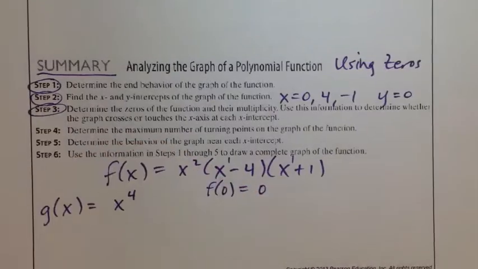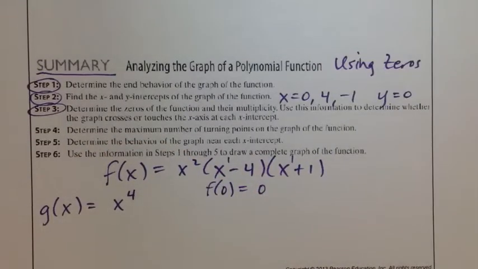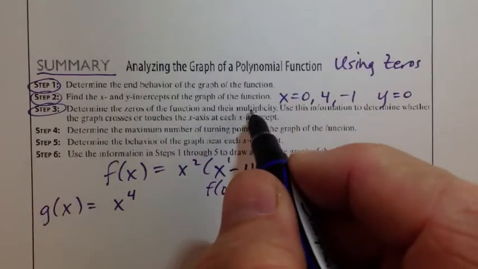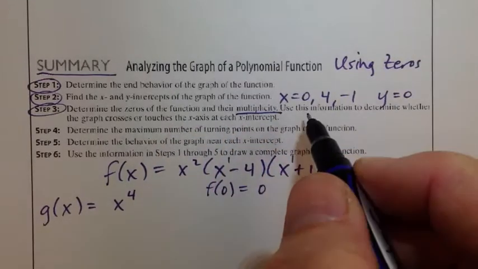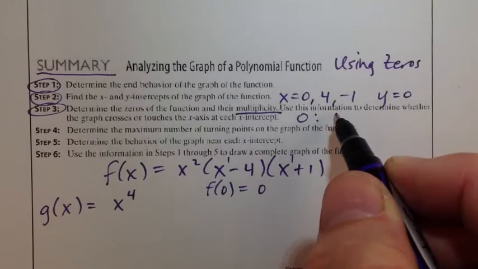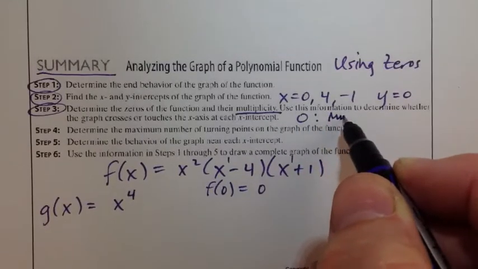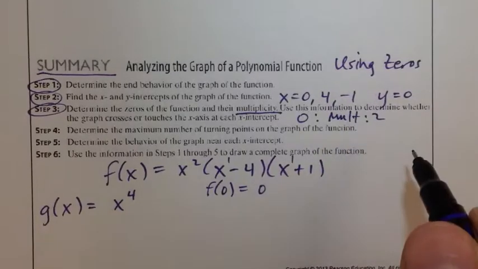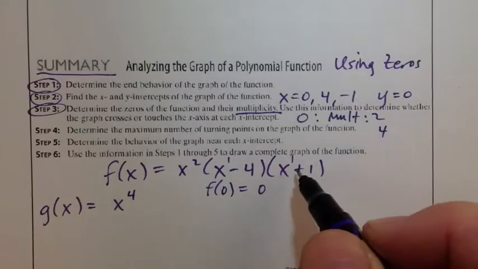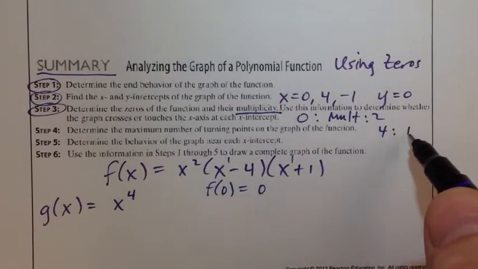We also know that the x-intercepts are the same things as the zeros, so we have the same numbers. But we also want to find their multiplicity, and we see that the x-intercept of 0 has a multiplicity of 2, and the other ones, 4 and negative 1, both have a multiplicity of 1.